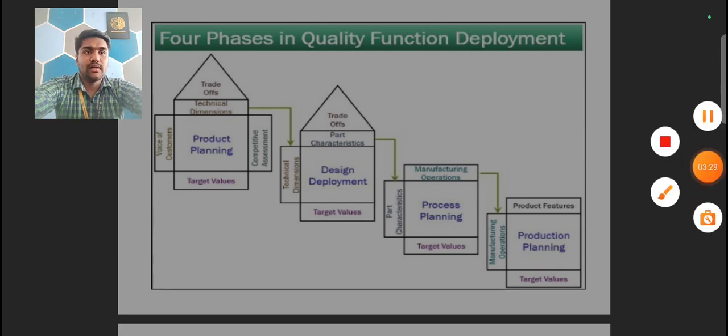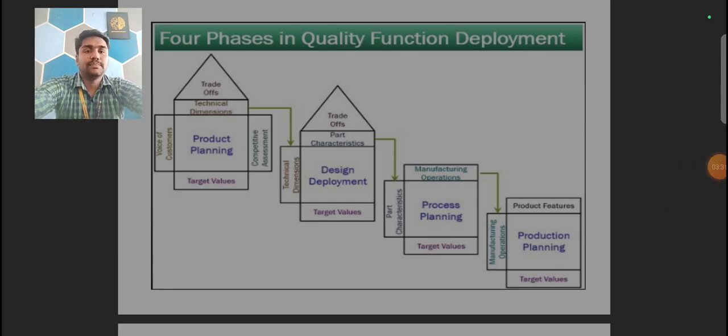The third one is process planning. In process planning, if the product design has been finalized and product manufacturing has to be carried out, it has to be concluded in a frequent manner. The product planning and design deployment have to be carried out in a practical manner while executing the production planning and the process planning.